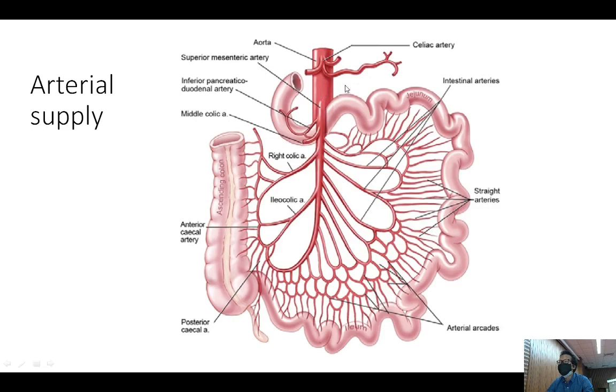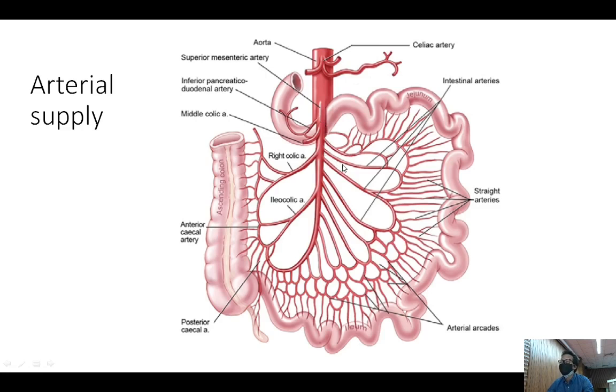Here you have the celiac trunk, which gives blood supply to the upper part of the duodenum, and here you have the superior mesenteric artery. I said the lower part of the duodenum gets blood supply from the superior mesenteric artery. The jejunum and ileum will also get their blood supply from the superior mesenteric artery.